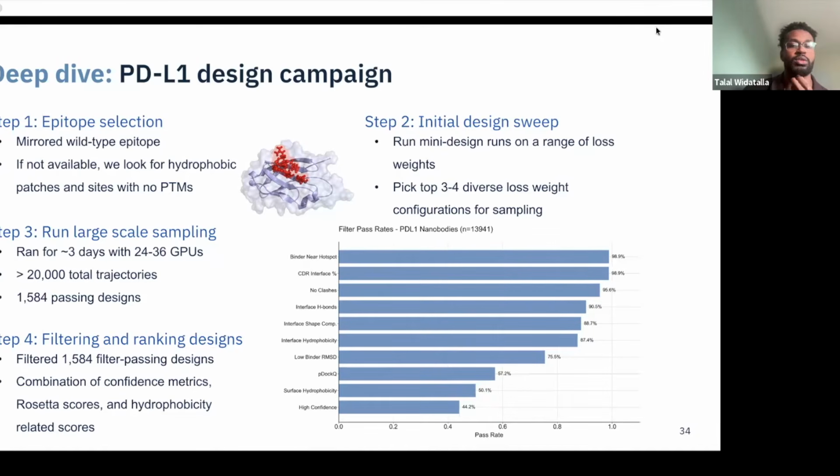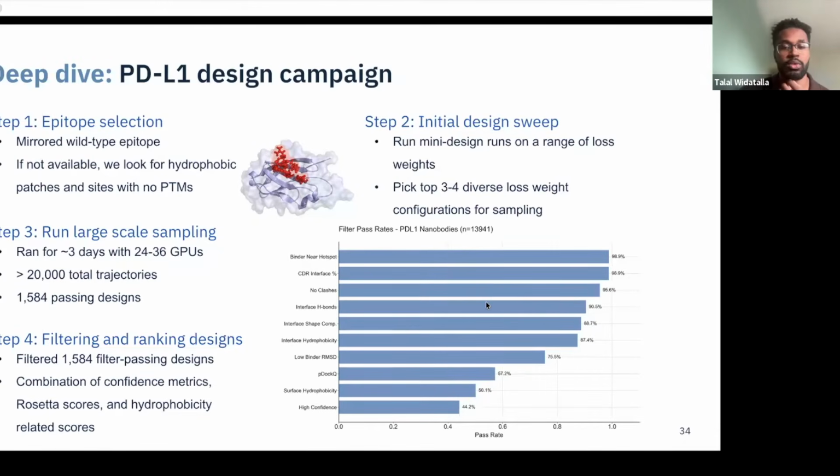So in practice, you actually do not need to sample that much. We oversampled given this is our first experiment. But essentially, you maybe only need, I would say, maybe 300 fully passing designs that you want to filter down to 50 for testing. So you could probably sample with 1/5 of the GPU hours here.